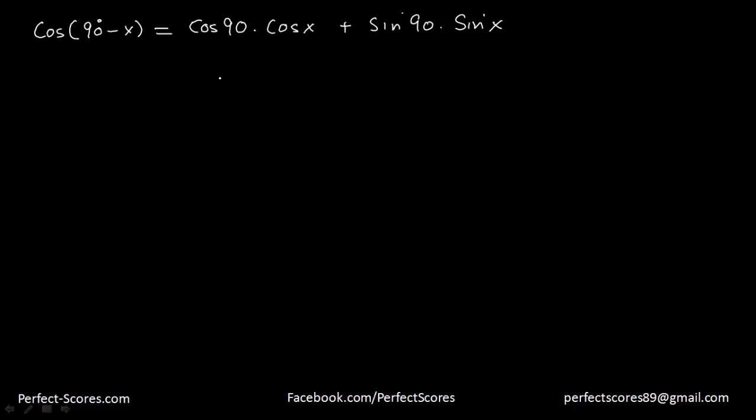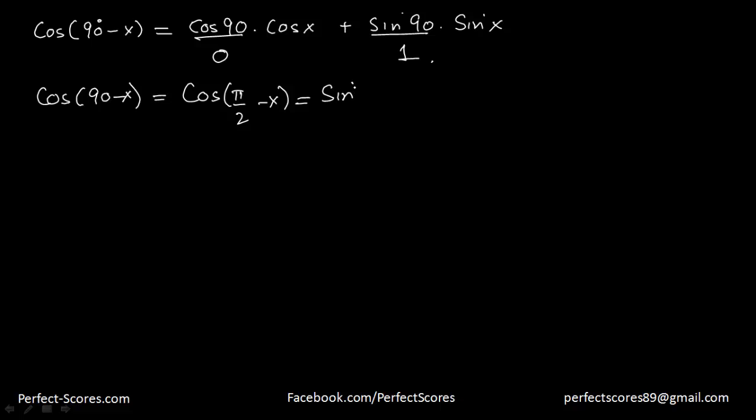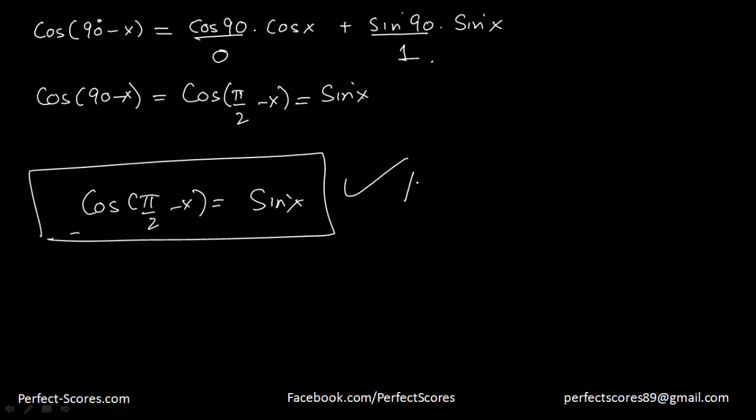From here we need the value of cos 90, or cos 90 degrees. The value of cosine of 90 degrees is nothing but 0, and sin 90 is 1, which means the value of cosine of 90 minus x, or cosine of pi by 2 minus x, is actually equal to sin x. A very, very important result: cosine of pi by 2 minus x is equal to sin x. Again, a very important result.